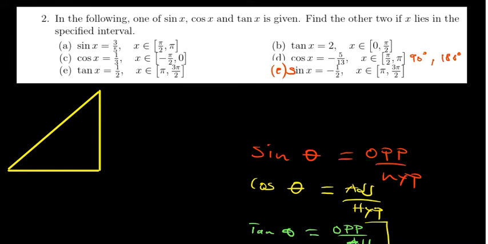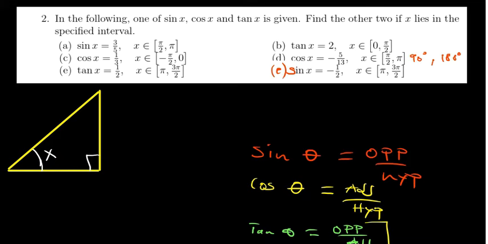So the basic idea there tells us that the side which is expected to be negative is the x-axis. In this case, it would be the adjacent if we take this one to be the x.